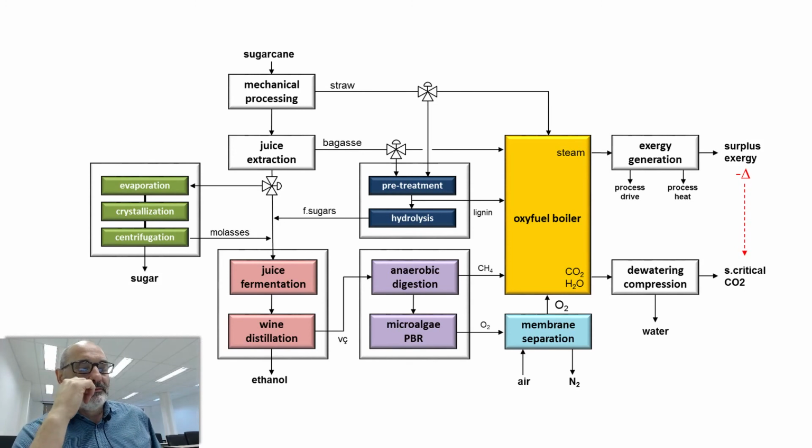But for the microalgae, photosynthesis needs light all the time to produce just O2, because it also does photorespiration, no? Yeah, but you can use some electricity here to generate light in order to cultivate this microalgae.